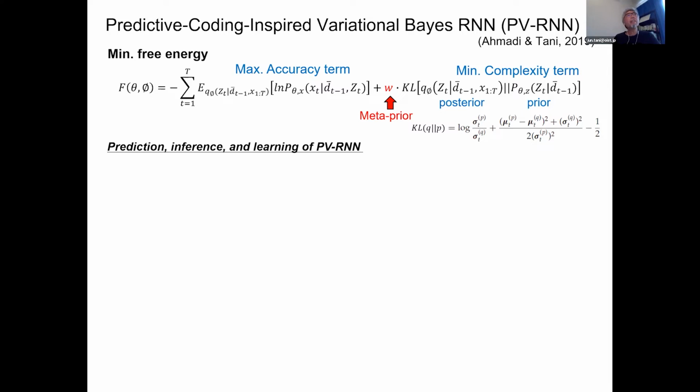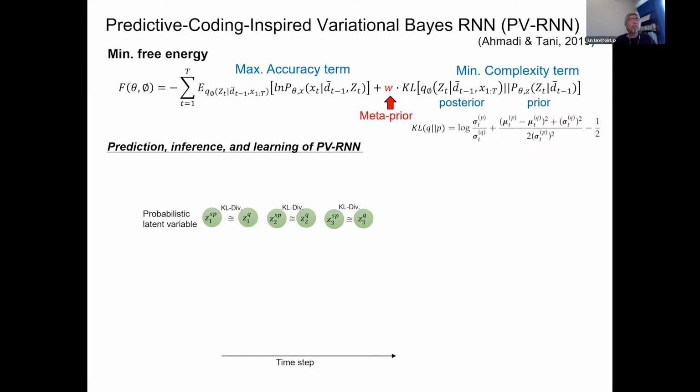So then the graphical model looks like this for the recurrent neural network. This is time; time goes from here to here. Then we have a probabilistic latent variable of prior and posterior at each time step. The prior is a Gaussian distribution, with a mean and sigma representation, and this prior is going to change at each time step.